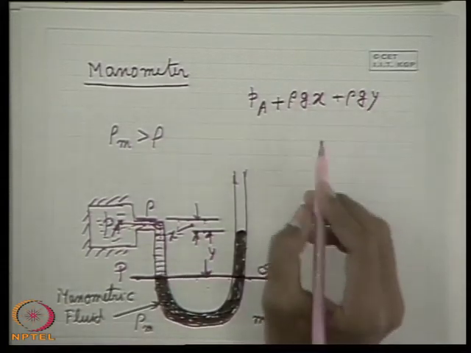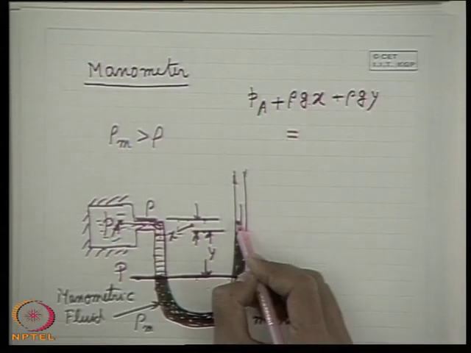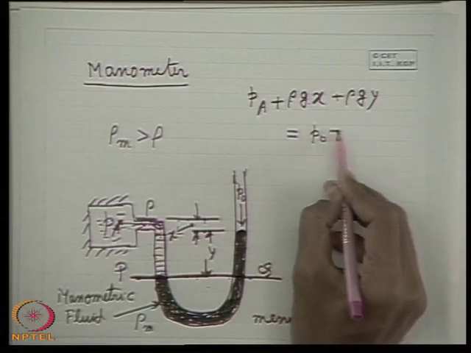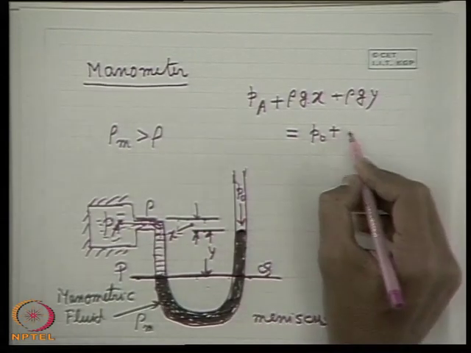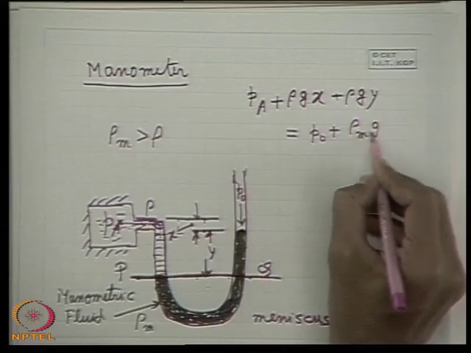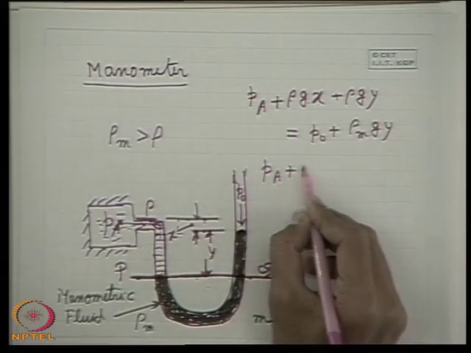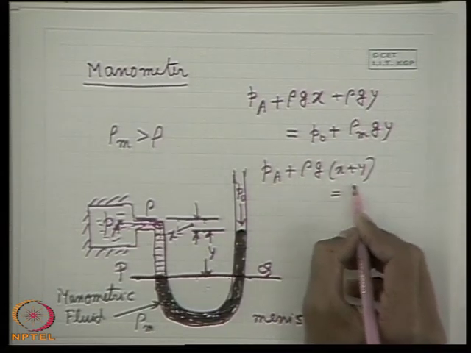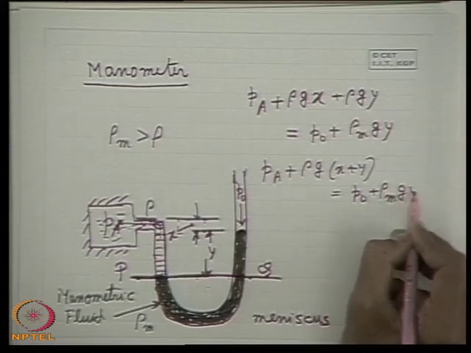That must be equal to the pressure from this side, which is the atmospheric pressure P0 acting straightaway on this interface, plus rho m G y. So I write Pa plus rho G into x plus y is equal to P0 plus rho m G y.